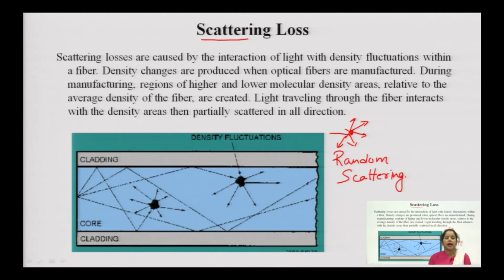It comes under the attenuation or loss parameters in optical communication, because in this way it will distract the direction which was provided to it initially. In any type of communication, direction plays a very important role.